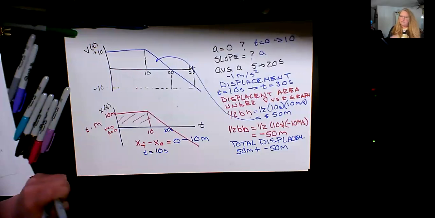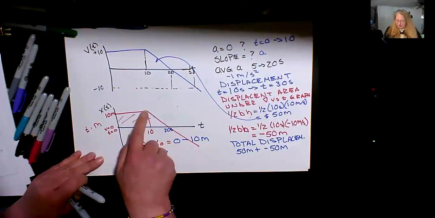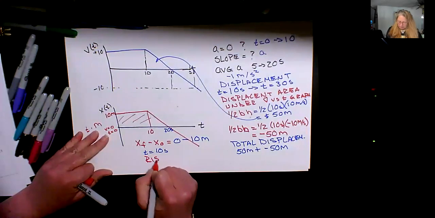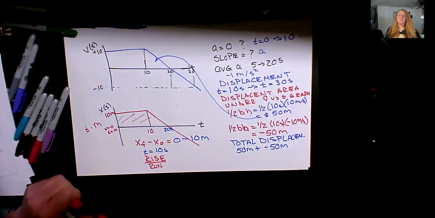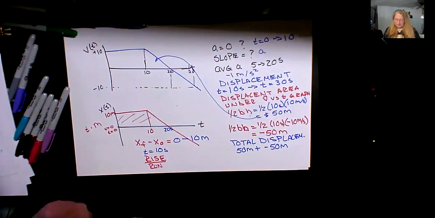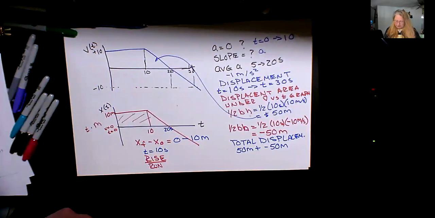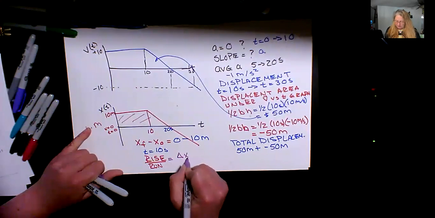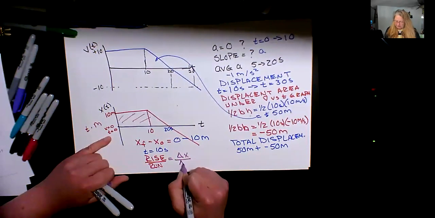So let's think about what this means then. Remember I said rise over run, so the slope gave us some useful piece of information in the last video. Does it give us something here? So rise over run, well, rise is my displacement, it's my dx, and run is my time, it's dt.